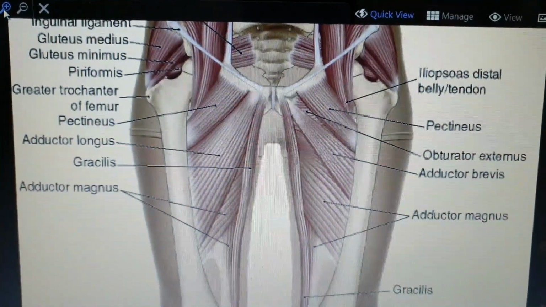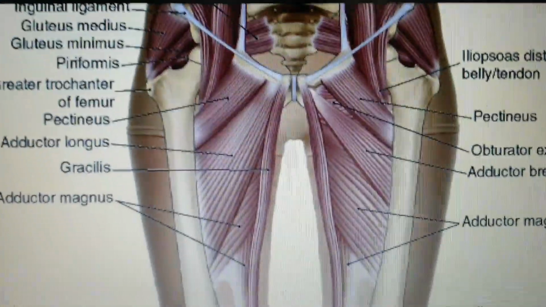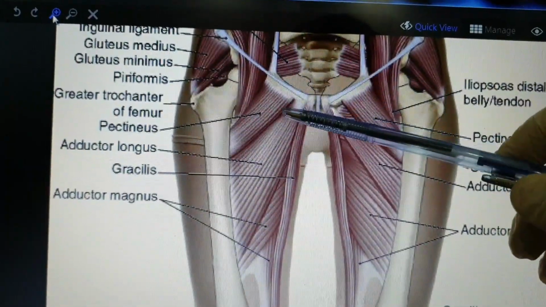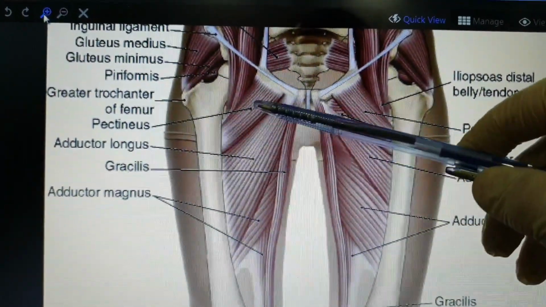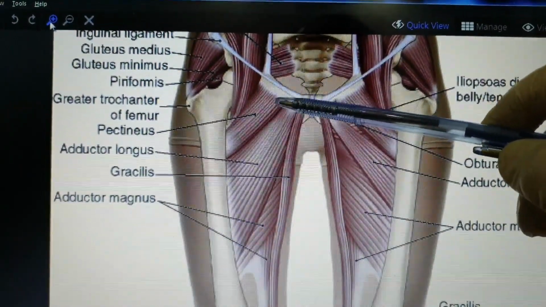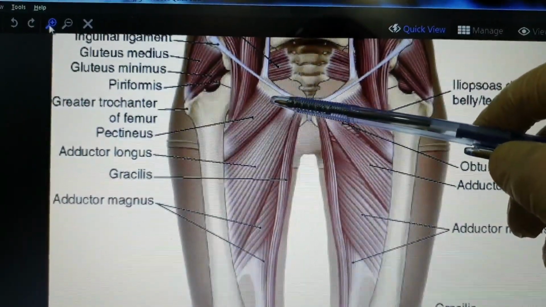This is the anterior part of the thigh, and we can see all the muscles here. In this diagram you can see this muscle is the pectineus, which takes its origin from the pectineal line and the superior surface, or the pectineal surface, of the pubis.